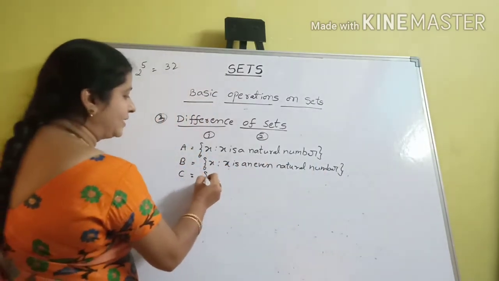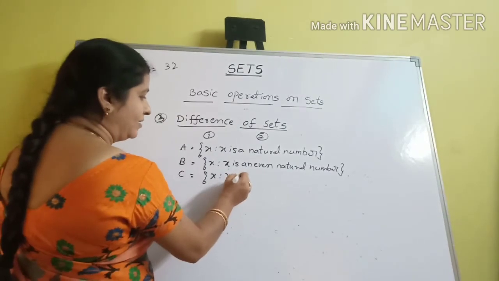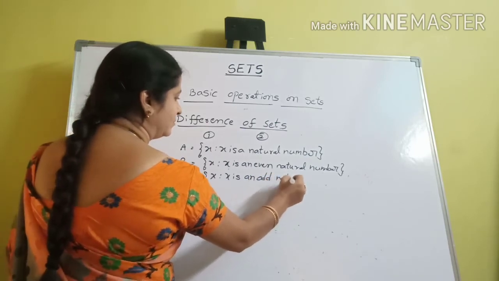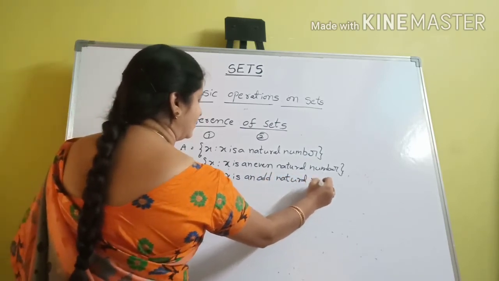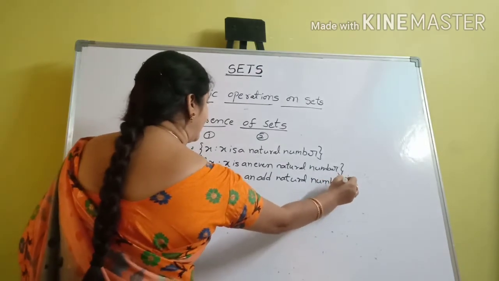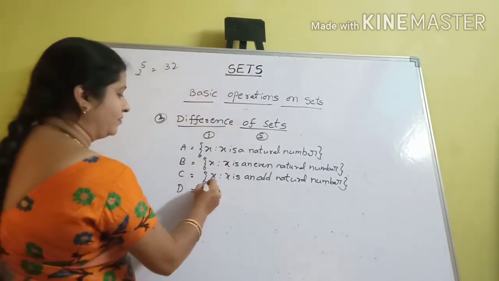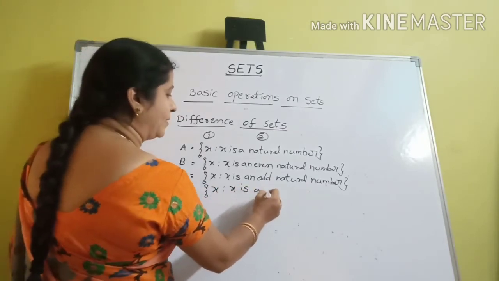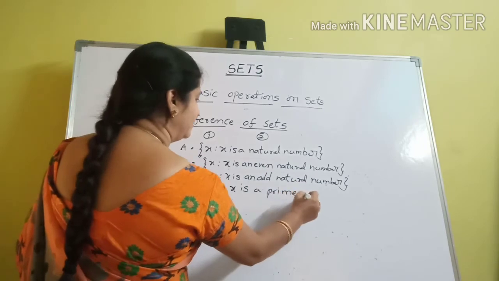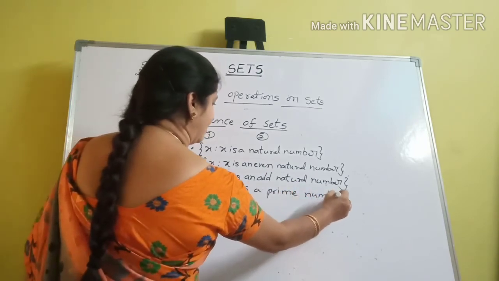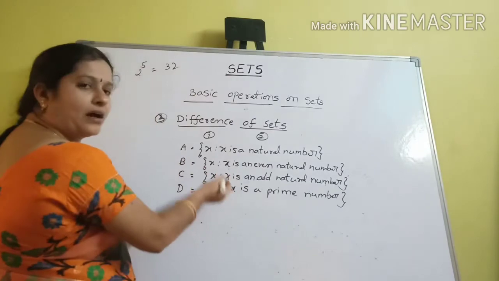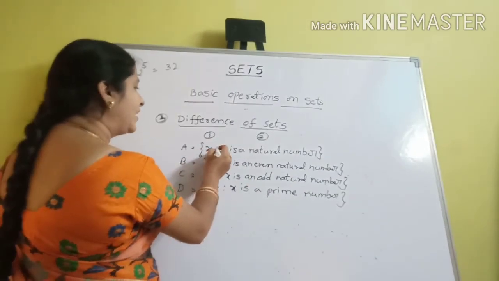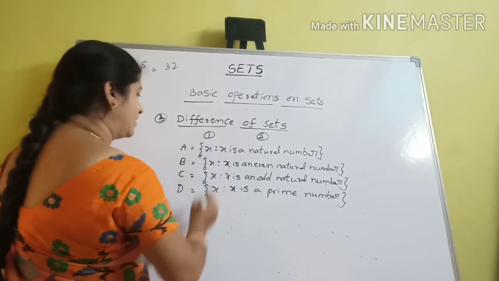C equal to set of x such that x is an odd natural number. D equal to set of x such that x is a prime number. So these are set builder forms, and you have to change them into roster forms.